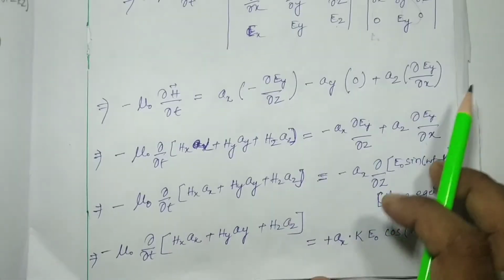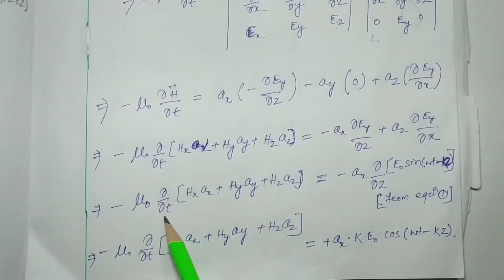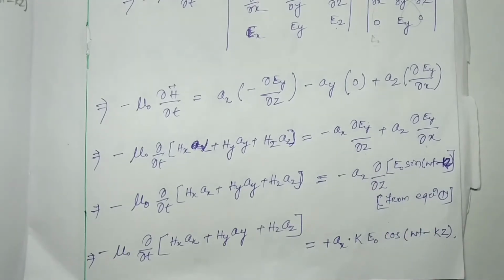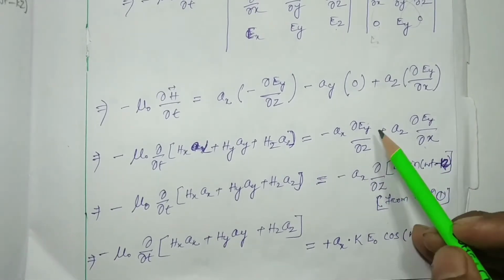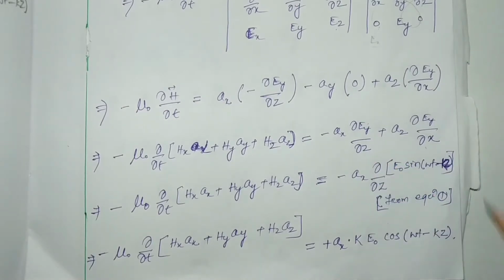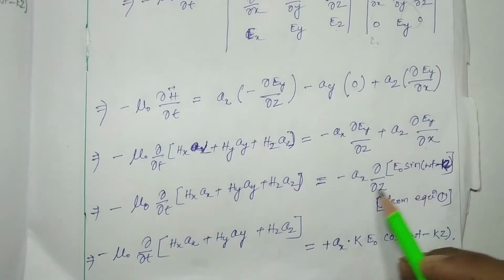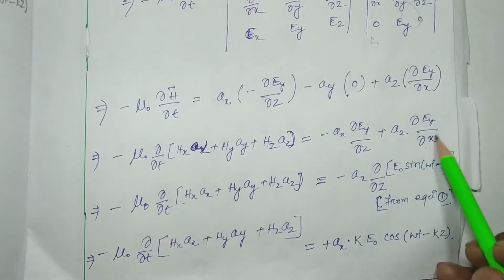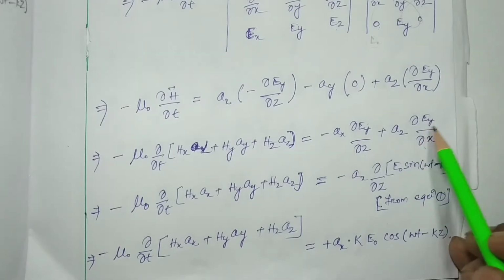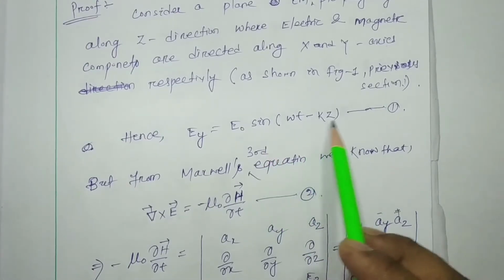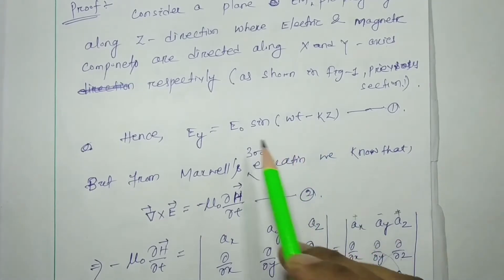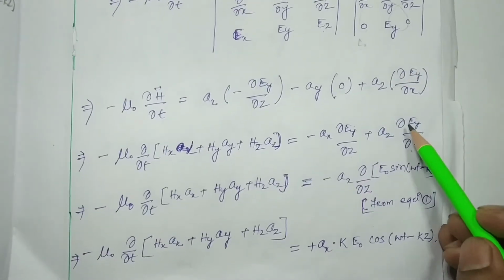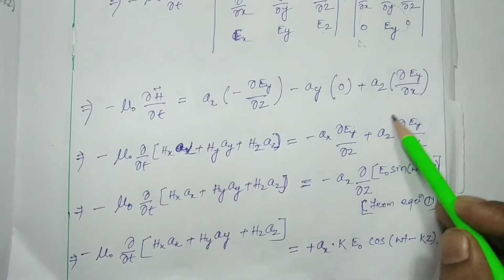So that implies minus mu 0 del by del t of this much is equal to minus ax. Here you can see that we are going to consider the del Ey by del z component, and this other component will be 0, because if we consider Ey in equation number 1, it is only a function of z. Hence del by del x of Ey will be equal to 0.